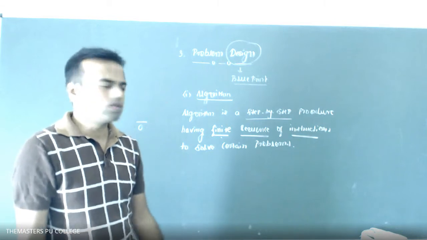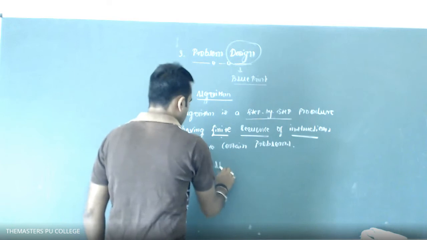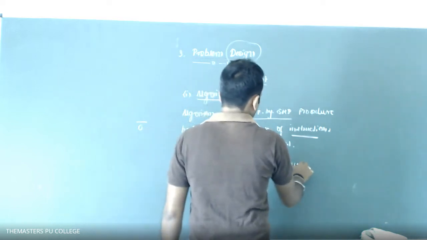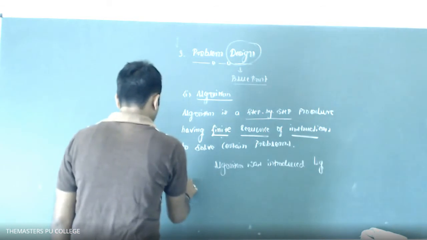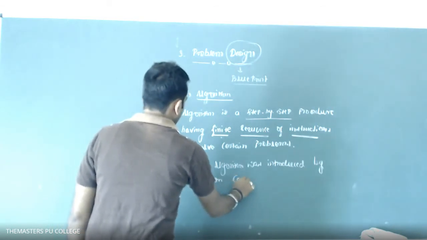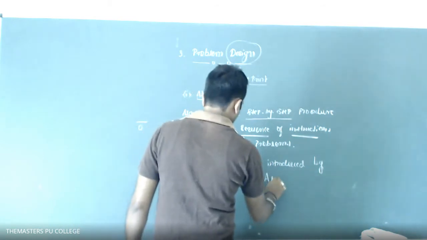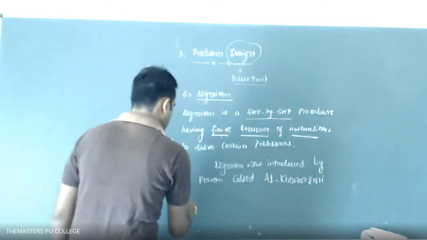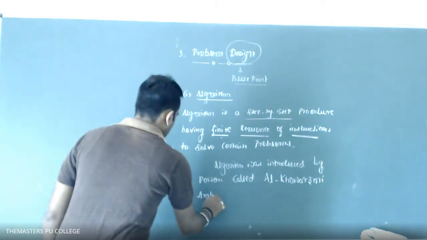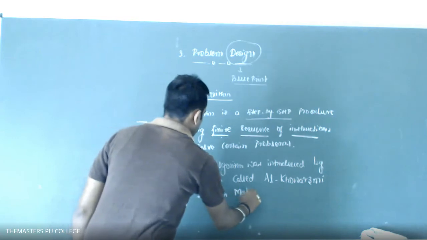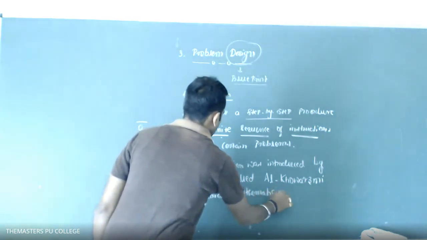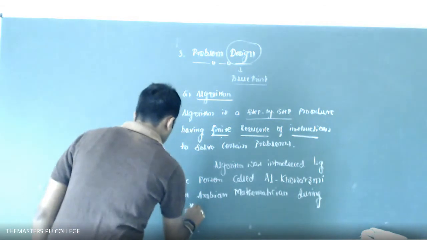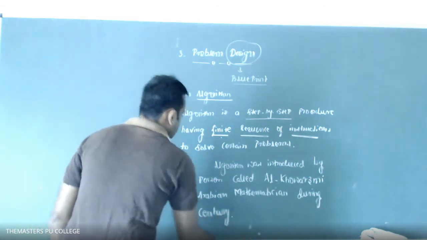Using algorithm, and the algorithm was introduced by the person called Al-Khwarizmi, an Arabian mathematician, during the 9th century.